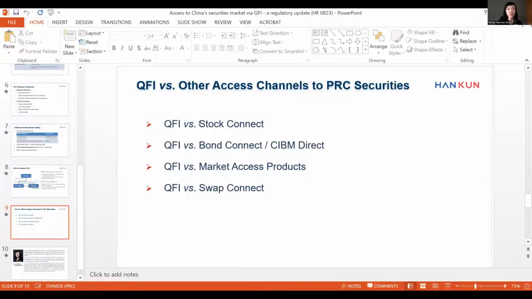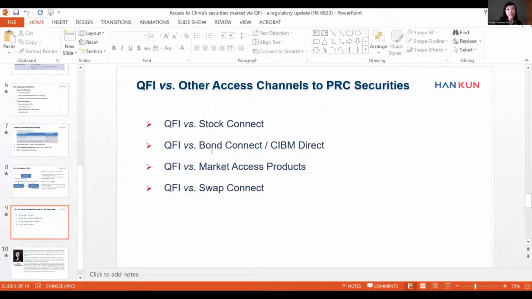Stock Connect, on the other hand, is subject to a daily market quota, and it's limited to A shares. But at the same time, Stock Connect trading would be relatively easier because there's no license application process involved, and you can just open an account with your offshore broker.